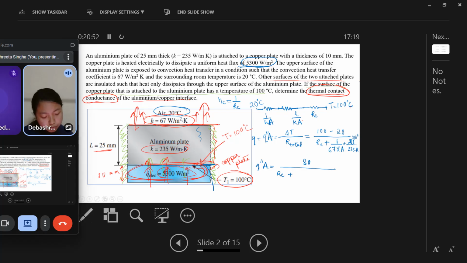So if we find out RC by A, since all other resistances have the A unknown, you can even write RC by A also.